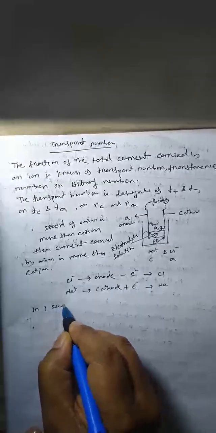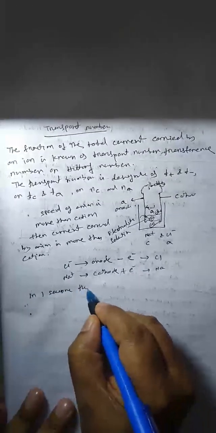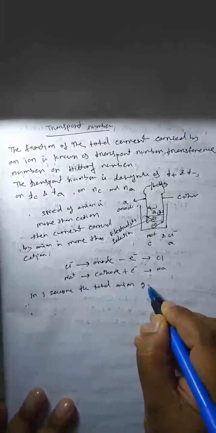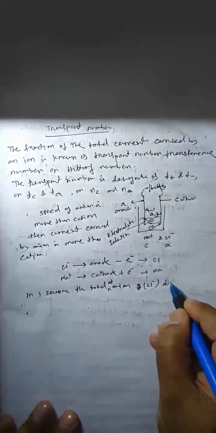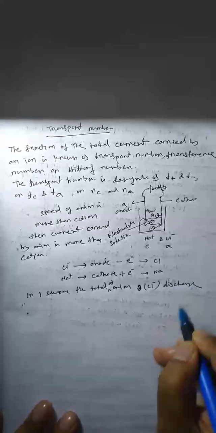Suppose I tell that in 1 second, the total number of anions, in this case Cl minus, discharged is the current carried by the anion.